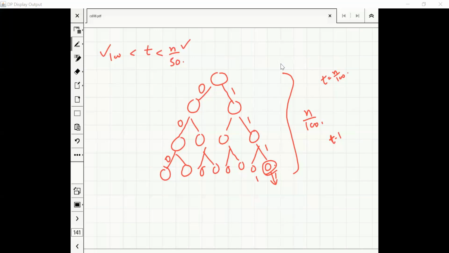So now what you have to show is the number of inputs. For example, there is just one input here, which corresponds to this particular node, which has all the bits equal to 1. There is no other input which will occur.